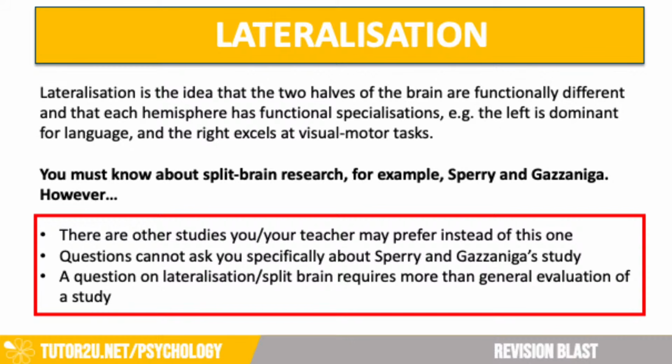So there are other studies that you may prefer, your teachers may have taught you, and questions won't specifically ask you about the study. But you can, of course, get a question specifically asking you about lateralization or split brain research, and it requires more than just the general knowledge of what the study did, what the study found, and the evaluation of the study. So we need to know a little bit more than that.